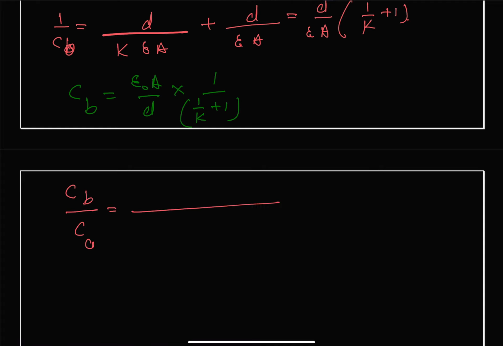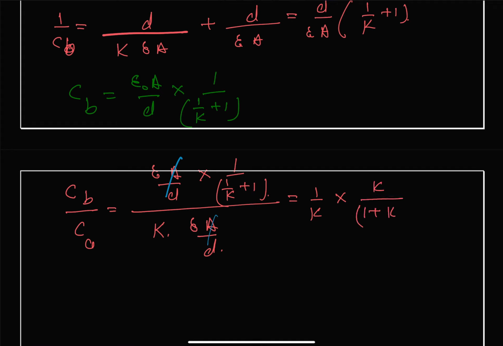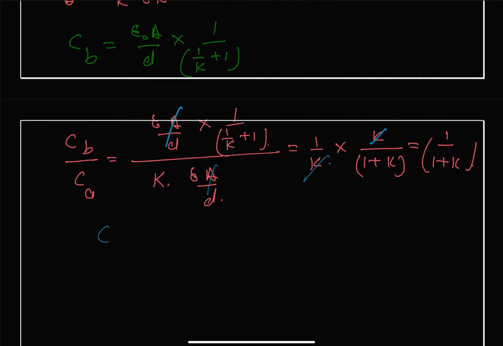CB is epsilon naught A upon D times 1 upon K plus 1, and CA is K epsilon naught A upon D. The epsilon naught A upon D cancels out, so this comes as 1 upon K, and we can take K as LCM, so this comes as K upon 1 plus K. Here K and K cancel out, and this comes as 1 upon 1 plus K. So we found that the ratio of capacitance CB to CA is 1 upon 1 plus K.